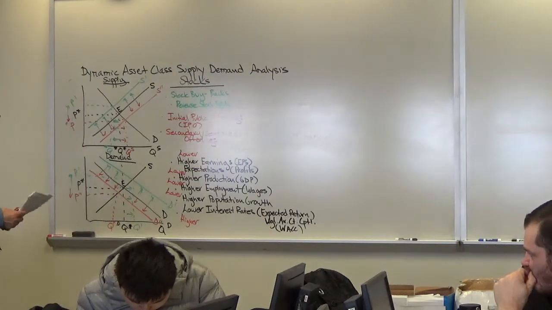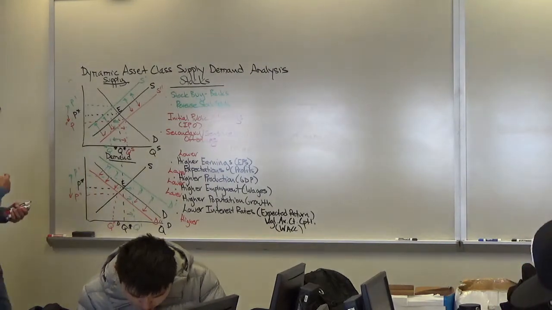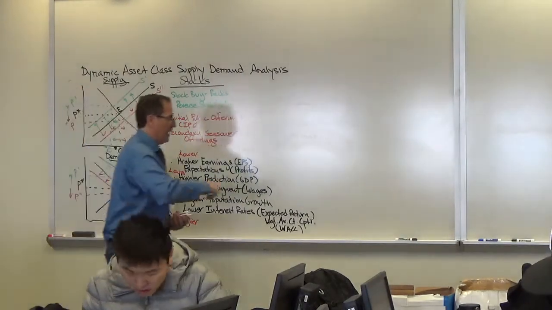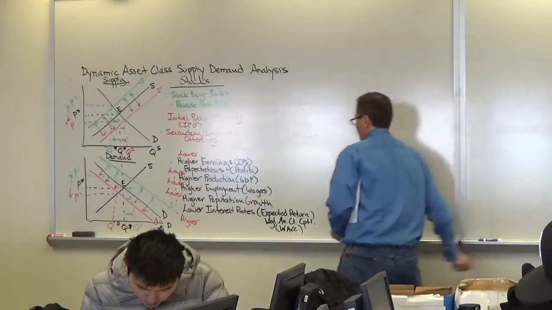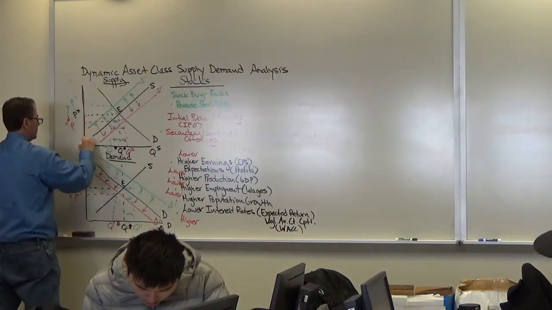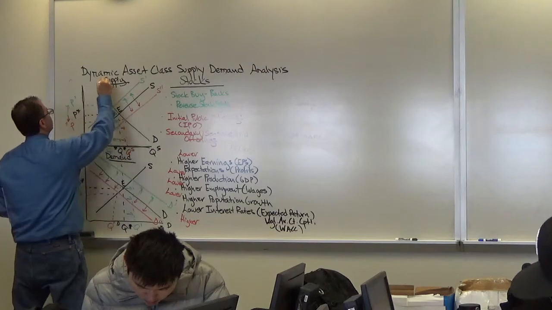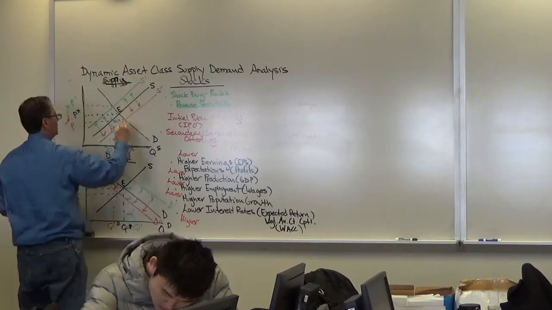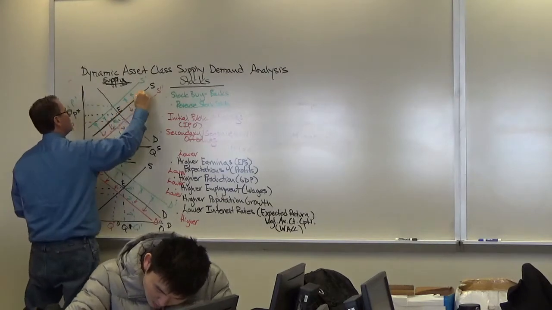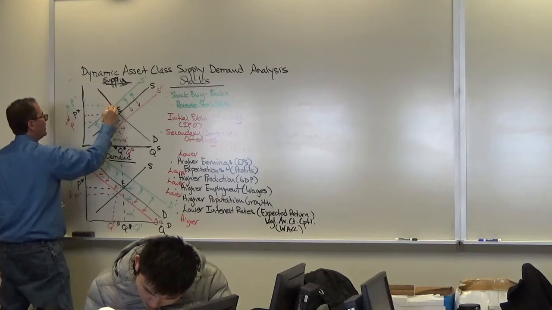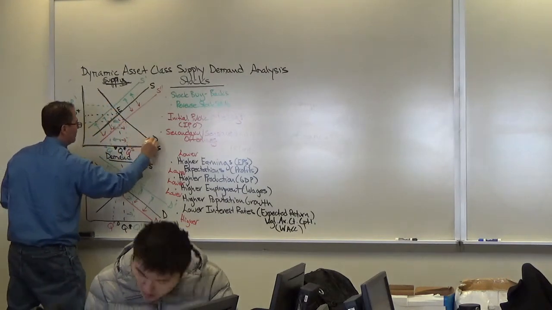Okay. So the first thing that I would do is set up the supply demand graphs. I would do supply first here. Put in your supply curve. I hope you know that's the supply curve. Then you're going to put in your demand curve.